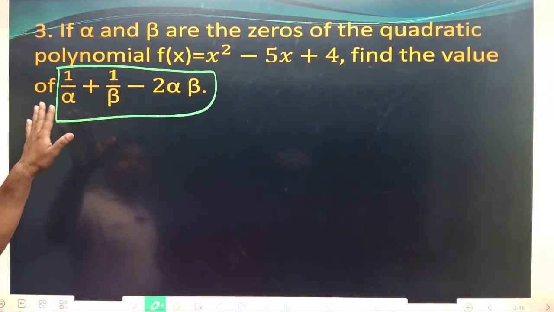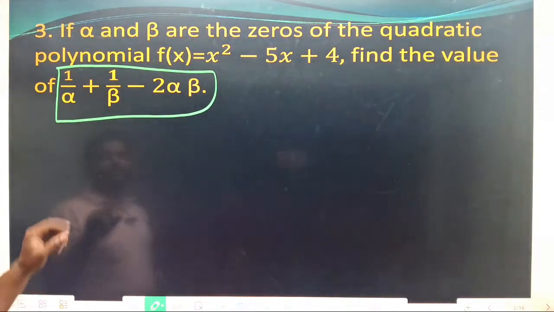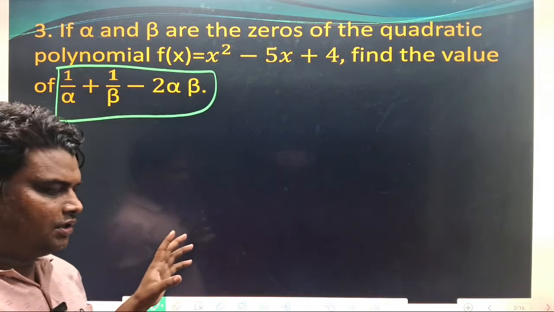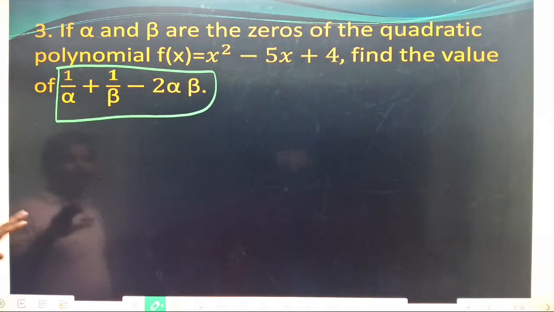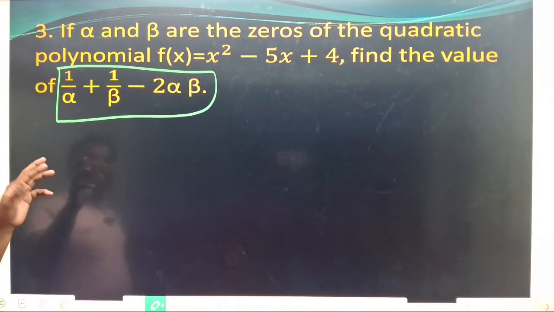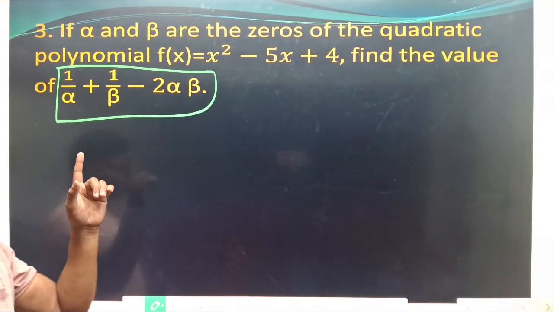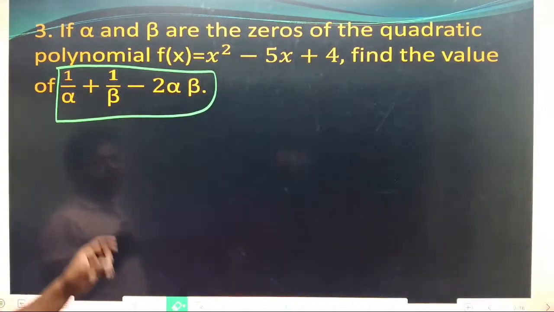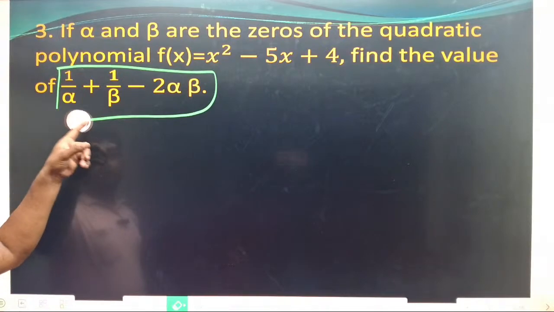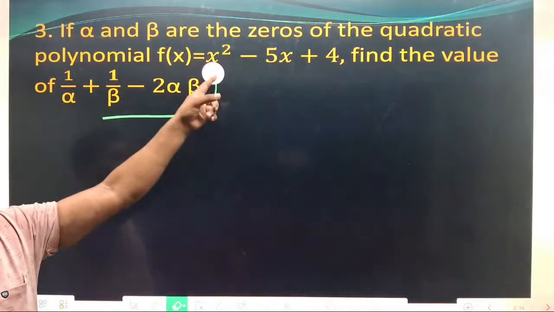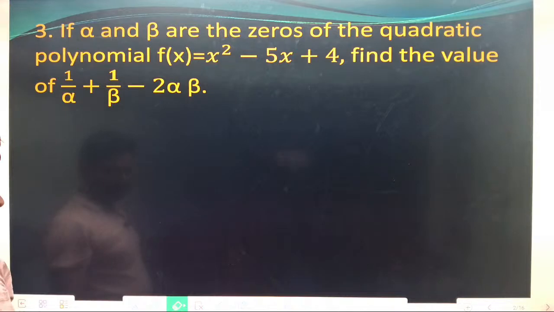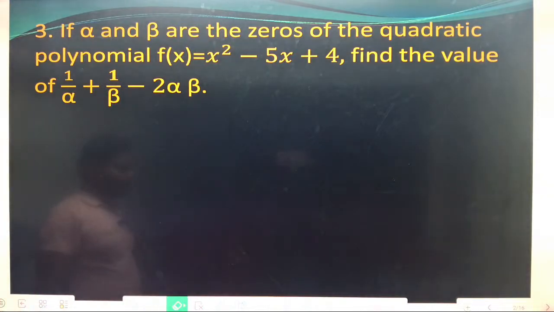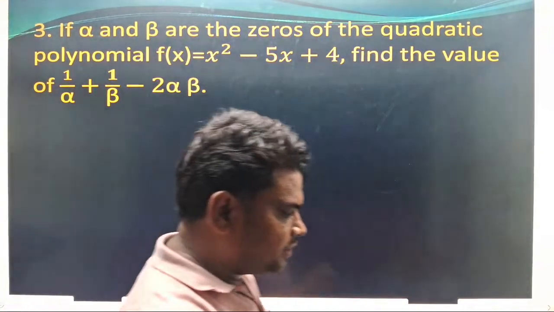These questions are related with the relation of coefficients of the polynomial. Now you find the sum of zeros and product of zeros, means alpha plus beta and alpha into beta.